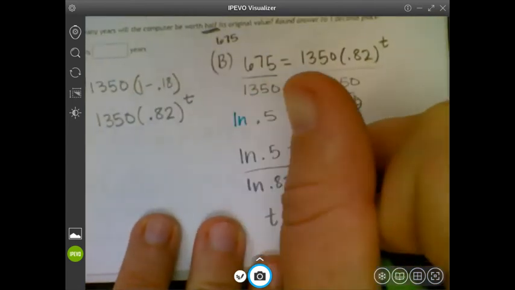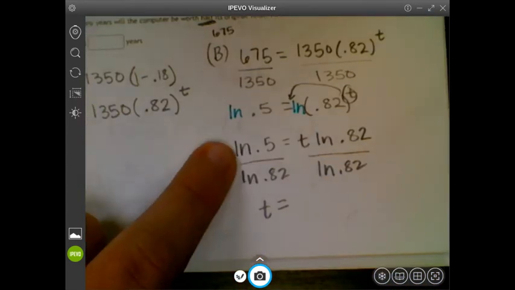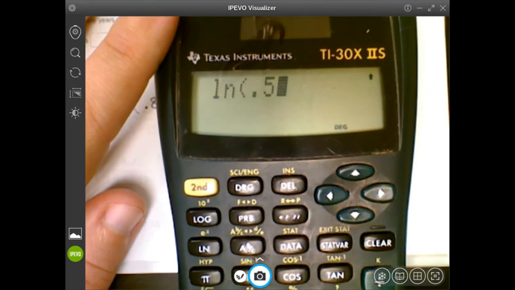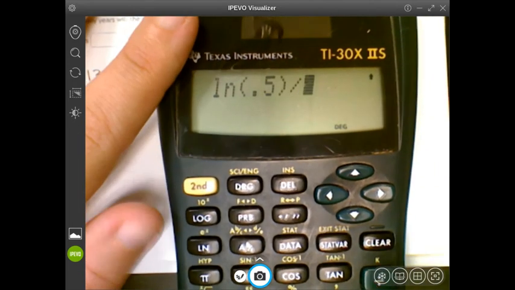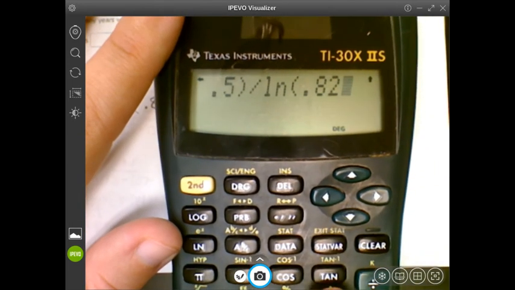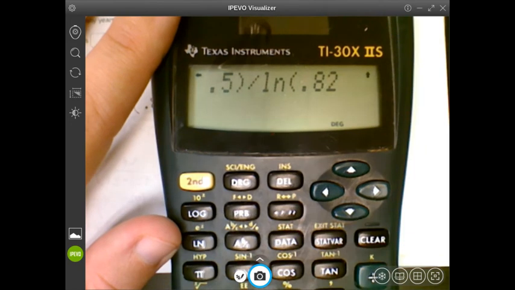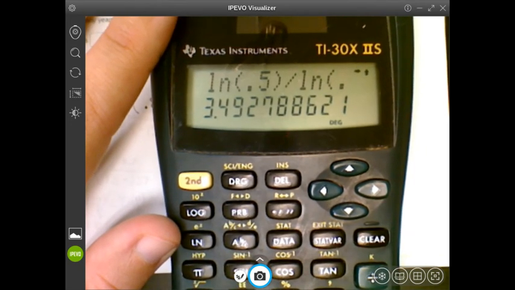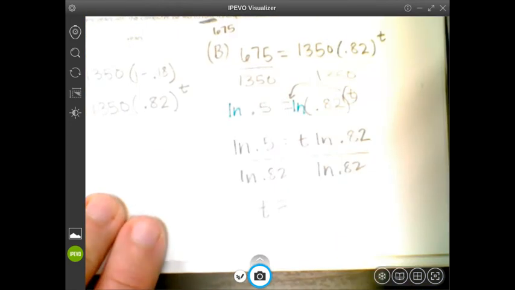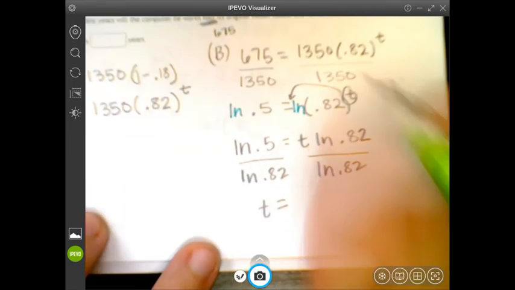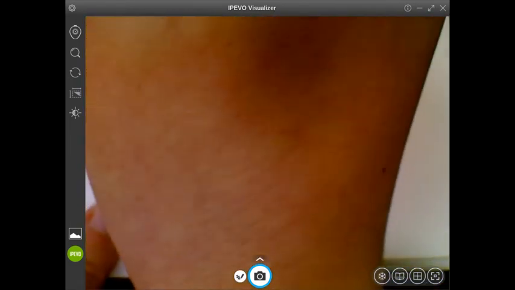And so that will tell you what t equals. And so we're going to go ahead and type this into our calculator. So the ln of 0.5, make sure you close that parenthesis, divided by the ln of 0.82. This one you can close or not close. It's completely up to you. 3.49. And it says round to 1 decimal point. So 1 decimal point would be 3.5. So it's approximately 3.5 years.